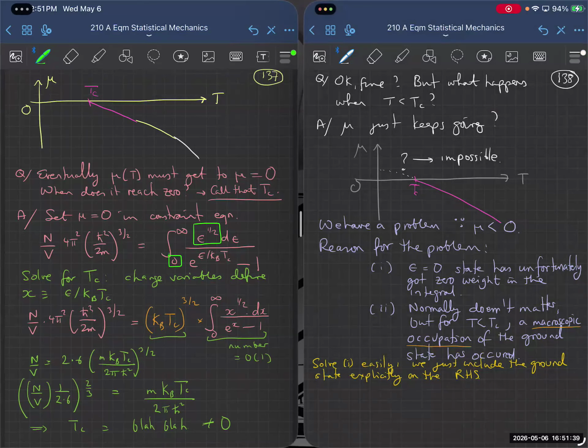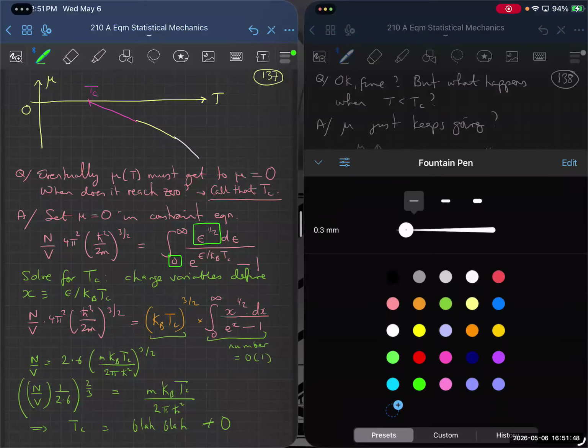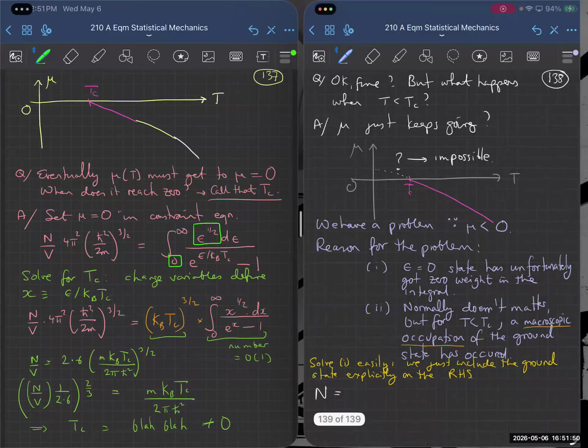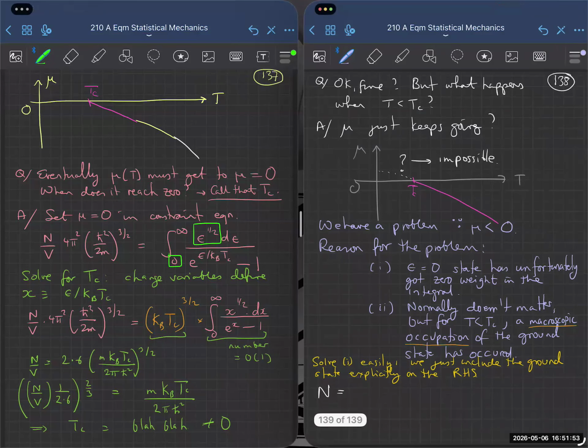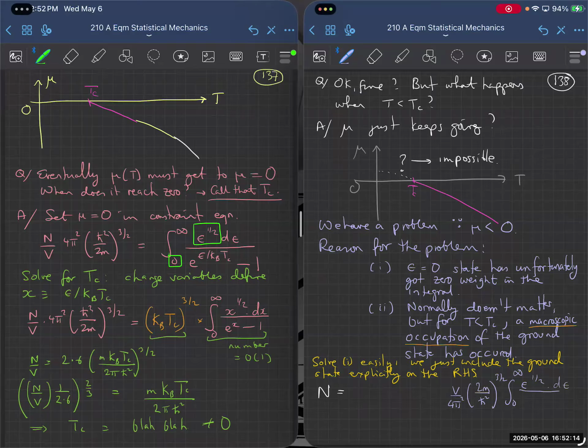We'll write down the constraint equation as N equals, and what we had before was N is equal to V over 4 pi squared, 2m over h bar squared to the 3/2, and then this integral from 0 to infinity, epsilon to the 1/2 d epsilon over e to the beta epsilon minus mu minus 1. So that's what we had before.